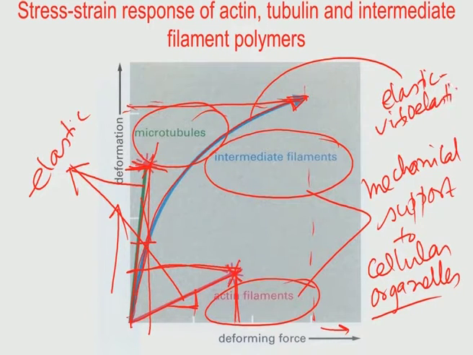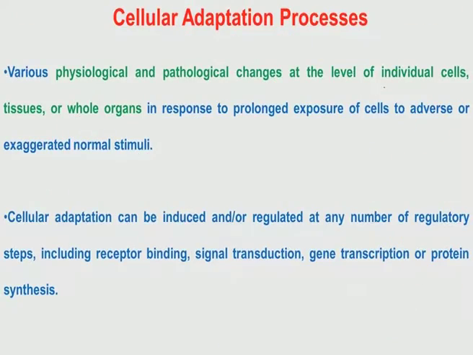Viscoelastic, I will explain later, means essentially a combination of both viscous fluid and elastic solid. Many polymeric materials exhibit viscoelastic response, which is neither fully viscous fluid nor fully elastic solid. It is somewhere intermediate between these two extreme behaviors.